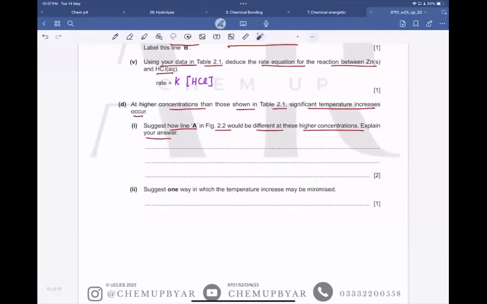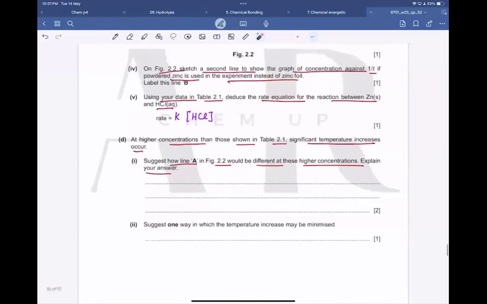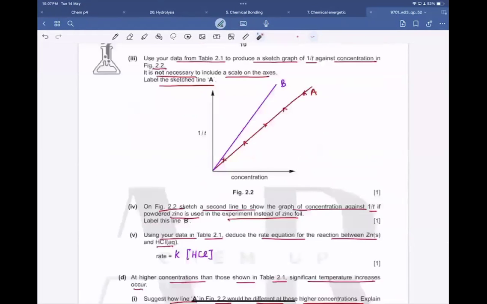Why low temperature? They are saying that the temperature is increasing, right? Actually, if you see over here, the concentration is increasing and the time is also getting lesser by the same factor by which there is a change in concentration.